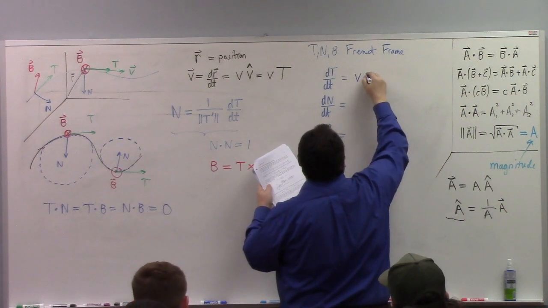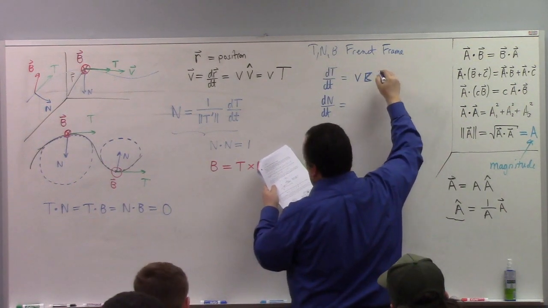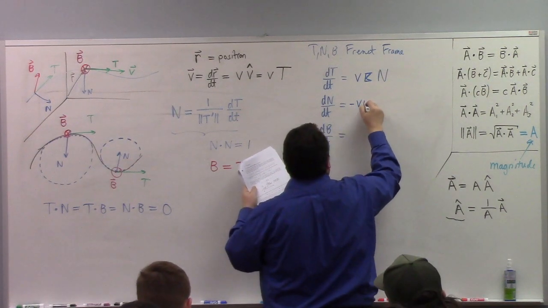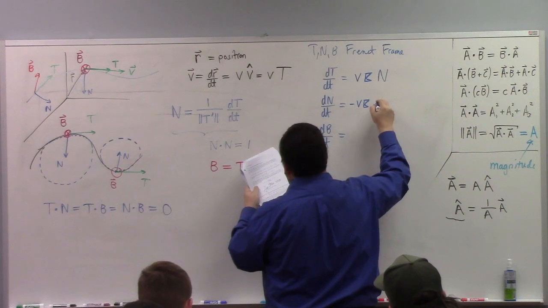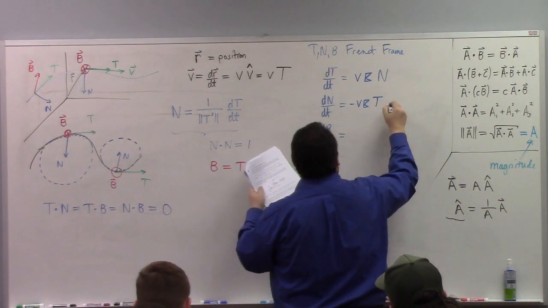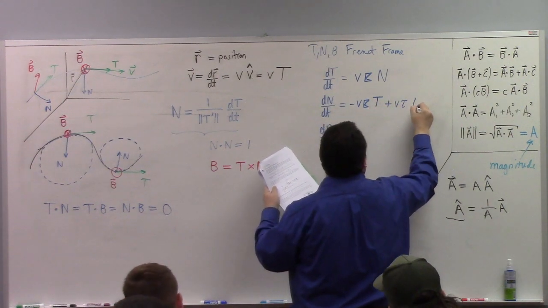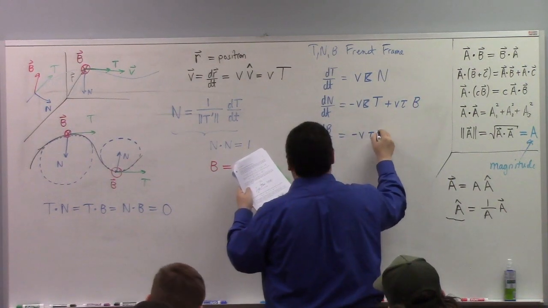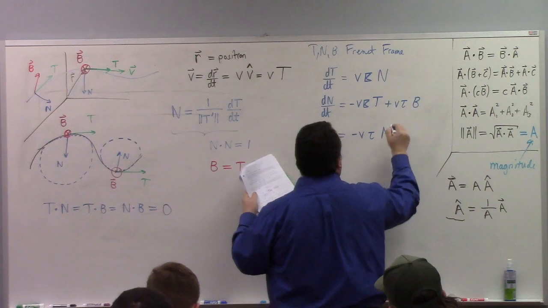Here v is the speed, kappa is the curvature, and there's your N. Here you've got minus speed times the curvature times the tangent, plus the speed times the torsion times the binormal. And down here, minus the speed times the torsion times the normal.